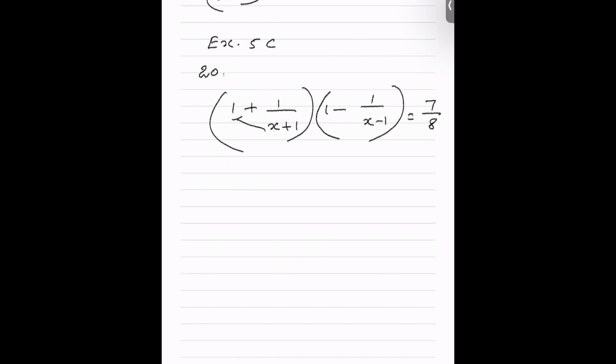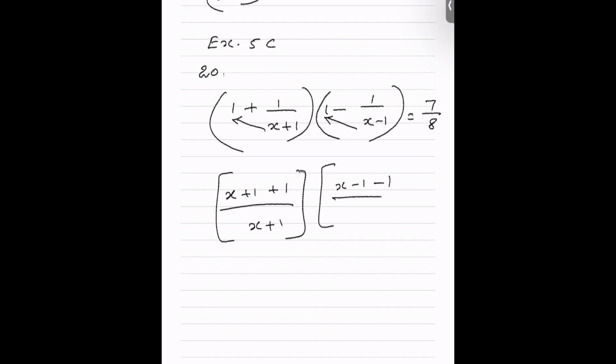So you have to take a common LCM from each section. It's like x plus 2 by x plus 1 into x minus 2 by x minus 1 equal to 7 by 8.